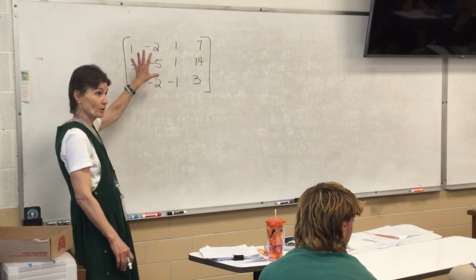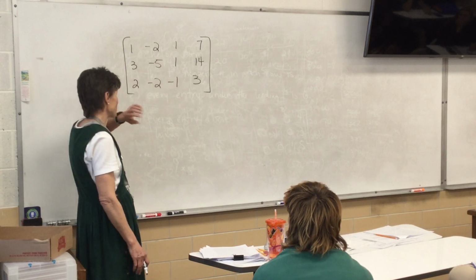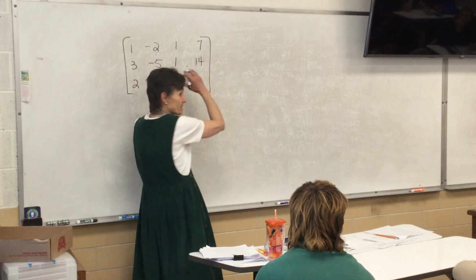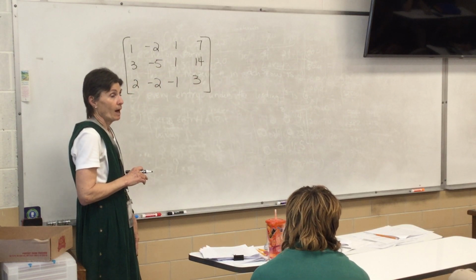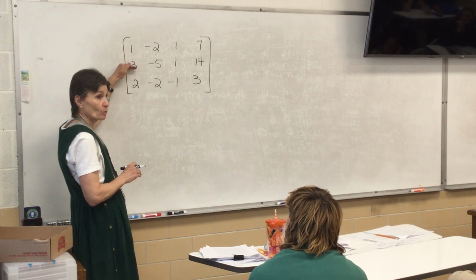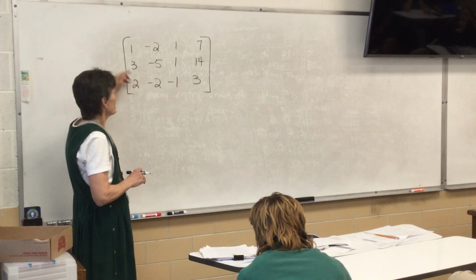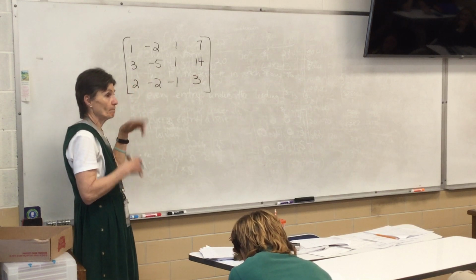Okay, so first of all, you understand my matrix I wrote here? Okay, this is called an augmented matrix. It's got the variables and the constants both all in the same matrix. This is an equation, this is an equation, this is an equation. Does it make sense to you that I could multiply any row I wanted by a number?